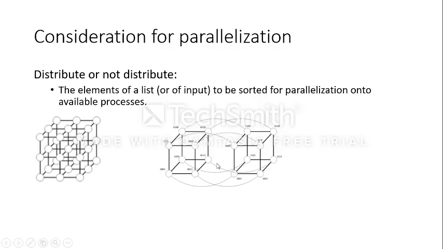I can only assign the values by dividing 100,000 by 16, and whatever the quotient is, those values are to be assigned to each of the nodes. So in this way, we have to consider whether we want to divide the elements or not, and if we cannot divide, then what should be the methodology to divide the values.